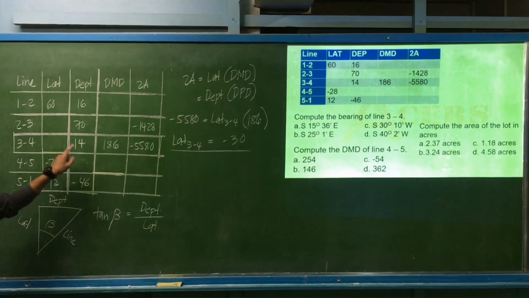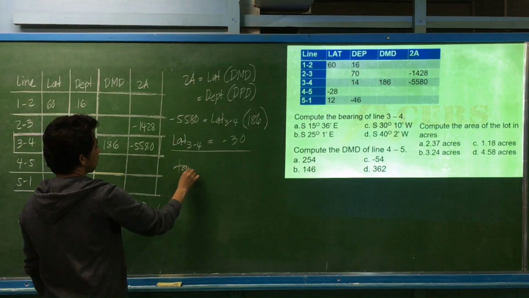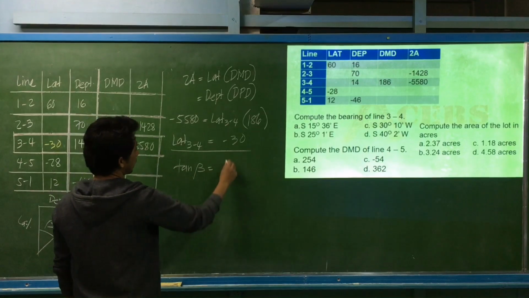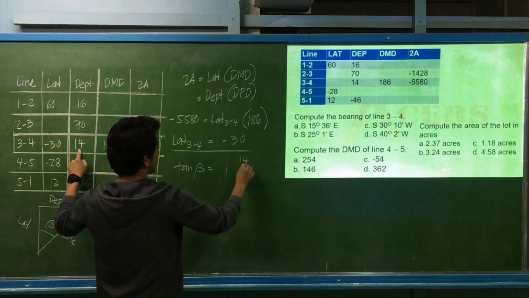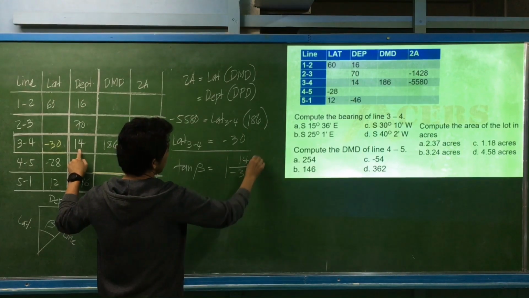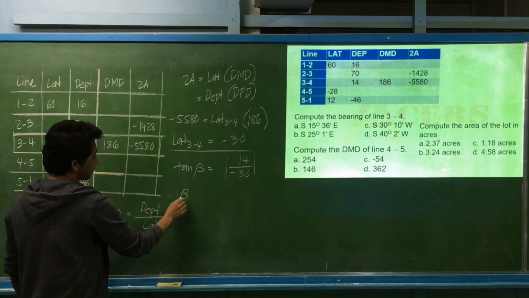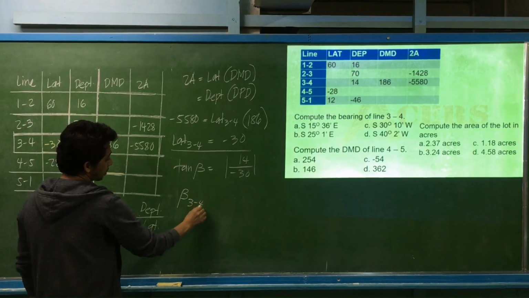So this is negative 30. Now tangent of beta, using the absolute value of the departure, which is 14, divided by negative 30. This is the bearing of line 3-4.